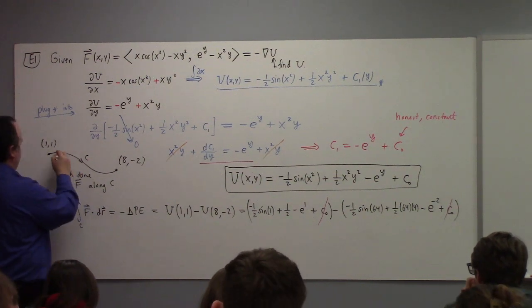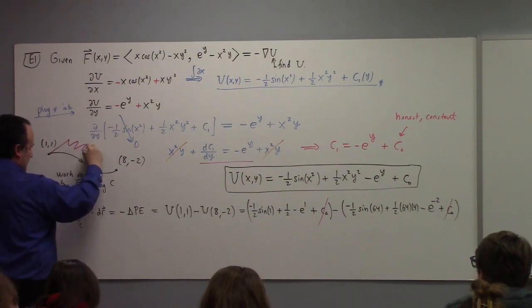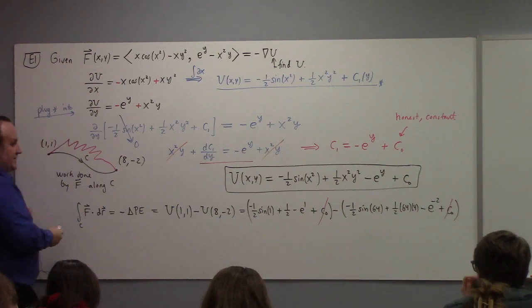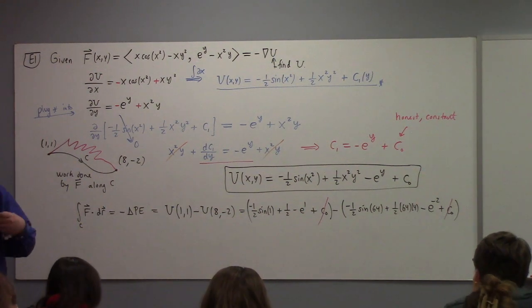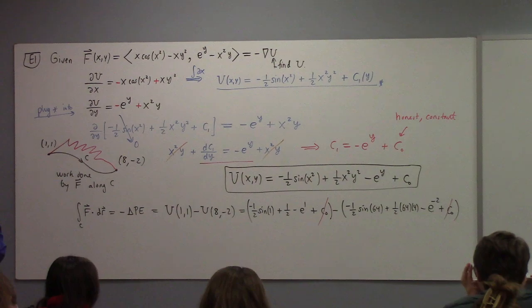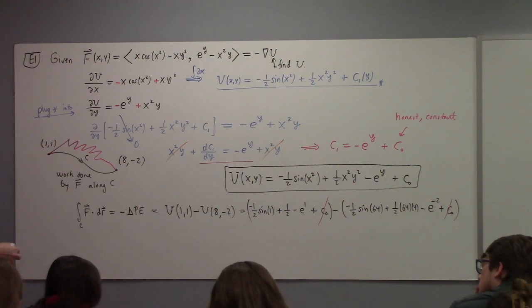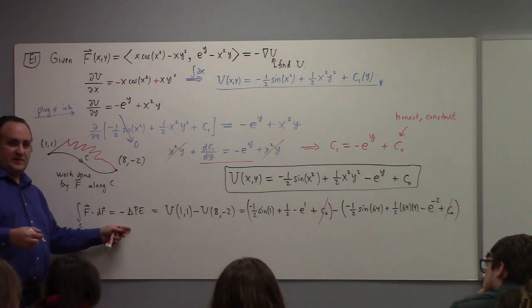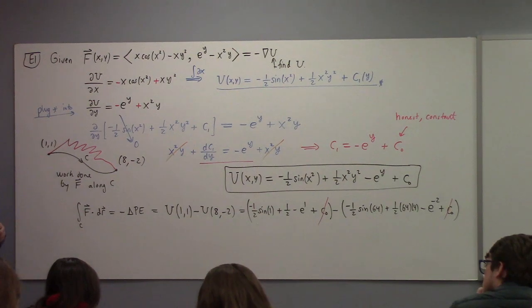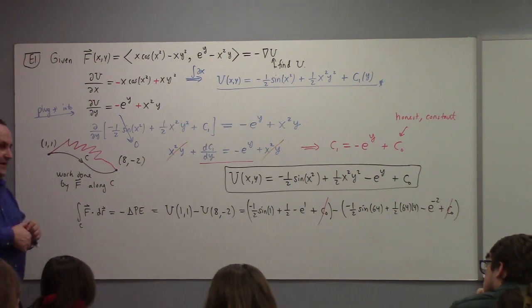For all I know, it could be this. It doesn't really matter because this force is path independent. It only depends on the initial and final points, because we can calculate the work done simply by taking minus the change in the potential energy function. Any questions? Okay.